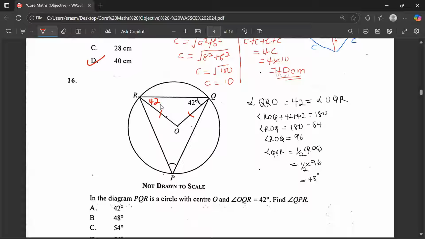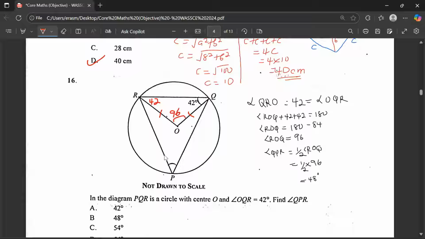So angle ROQ plus 42 plus 42 equals 180 degrees. Making angle ROQ the subject, you are going to have 180 minus 84, and angle ROQ equals 96 degrees. So we are having the angle here to be 96.